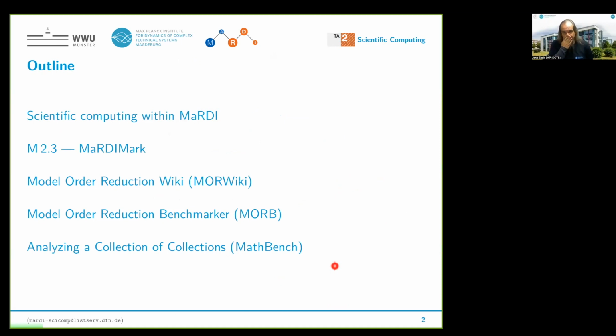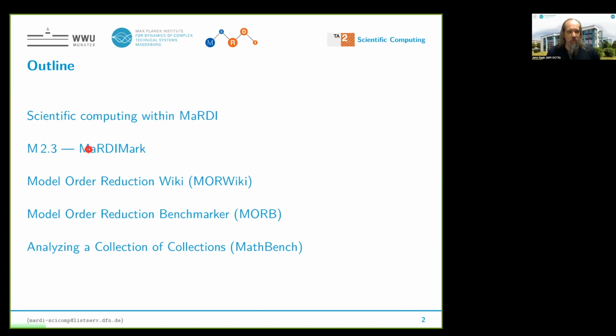Right, so what am I planning to speak about? I want to introduce MaRDI first, and especially our scientific computing task area inside there. Although that is only one bit on the outline here, it will take up quite some time of the presentation, I guess.